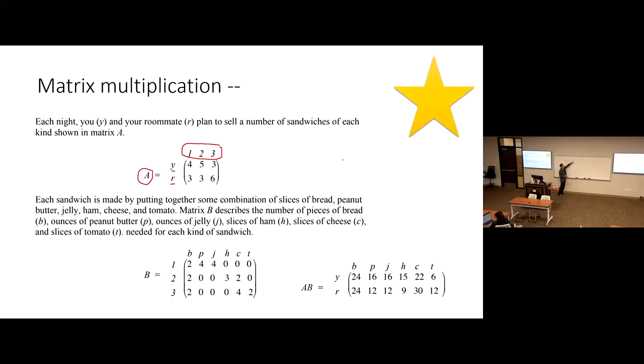You want to make 3 sandwiches of type 3. So you have 3 different types. Then your roommate wants to make 3 type 1, 3 type 2, 6 type 3.